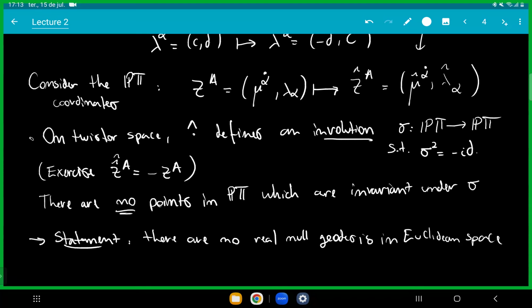So you recover this idea when you're working in Twistor space: the positive definiteness of the metric is expressed as the statement that there are no points in this Twistor space that are invariant under this transformation, which just means taking complex conjugation.